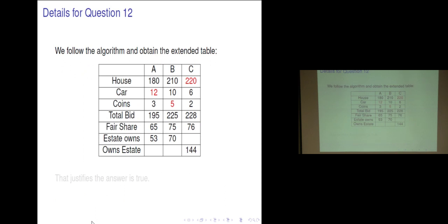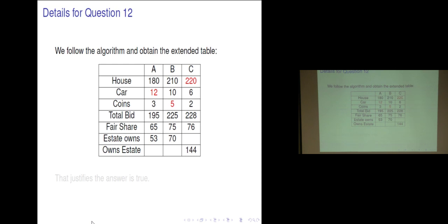According to the algorithm, first, for each item, we look at the highest bidder. For example, for the house, Mr. C is willing to pay the highest price, so we give the house to him. The highlighted letter indicates the item goes to the person who made the highest bid.